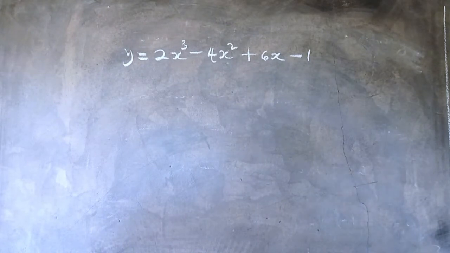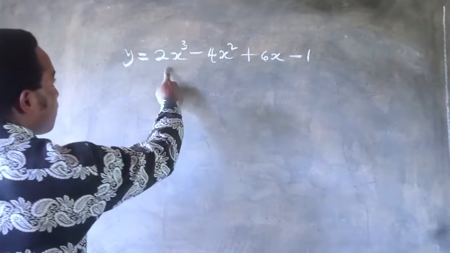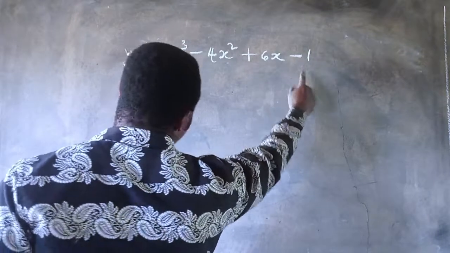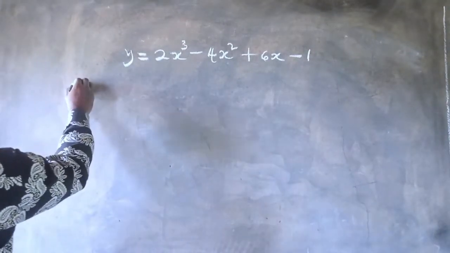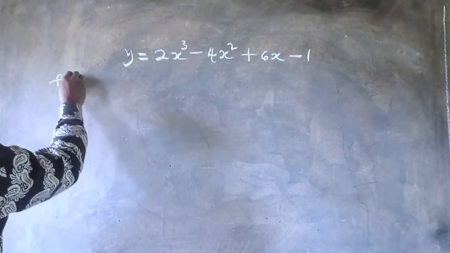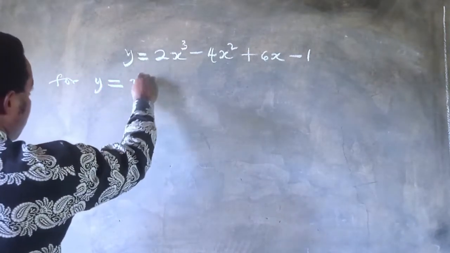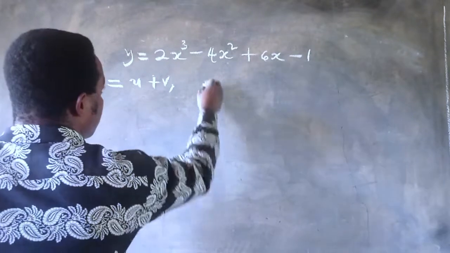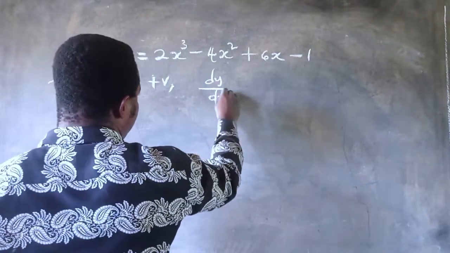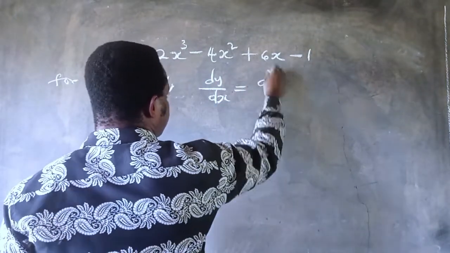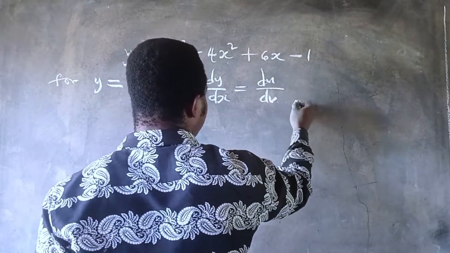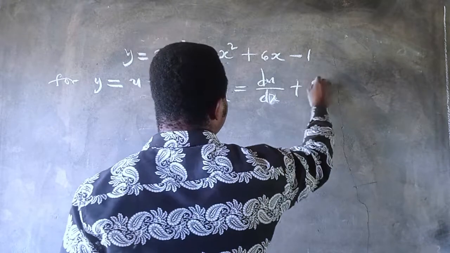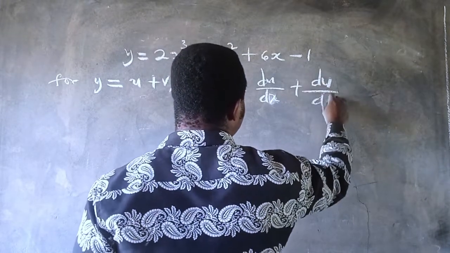You will notice that this is just sum and difference of smaller functions that are combined as one, like what we have been doing. So this is of the form y is equal to u plus v. You can say we have 4 of them added up here.